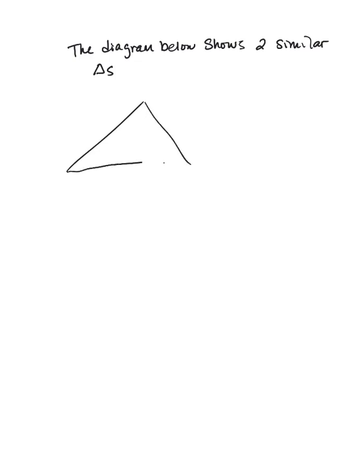The diagram below shows two similar triangles. And then they try to confuse you because they don't draw them in corresponding position. This is called theta, by the way.